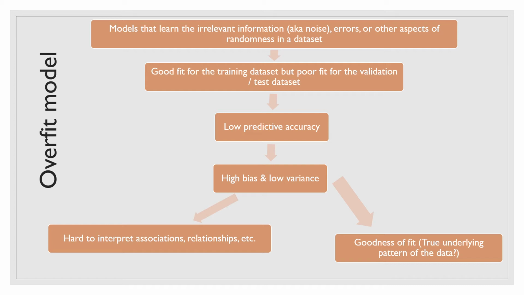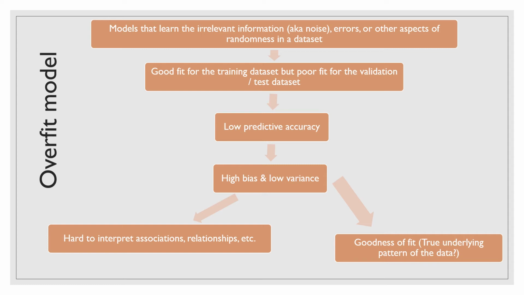And when we have a good fit for our training model, but a poor fit for our test or validation datasets, these can lead to low predictive accuracy. And this can in turn lead to high bias and low variance.